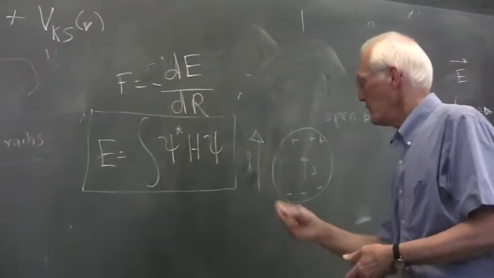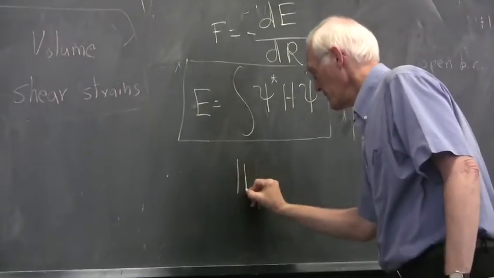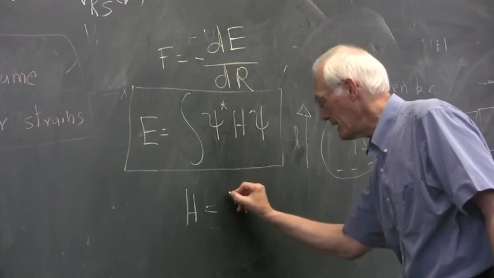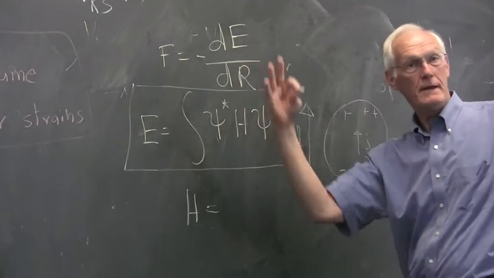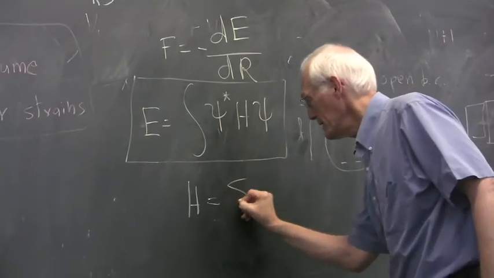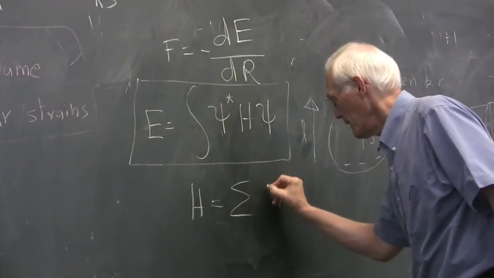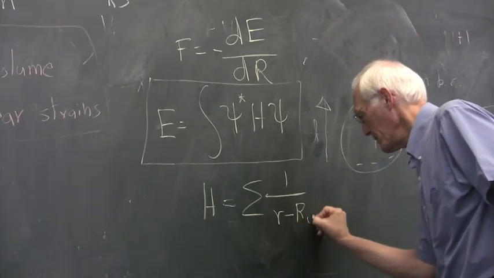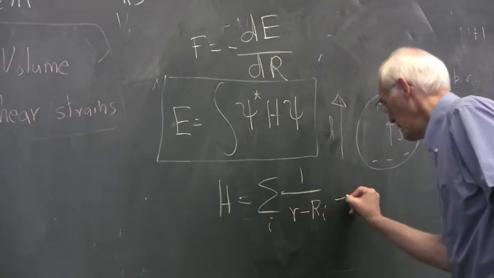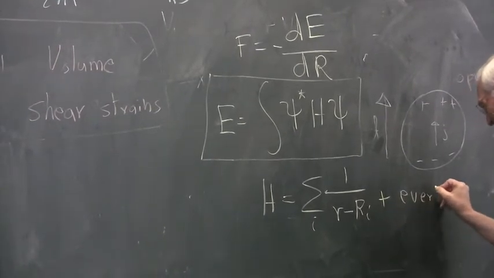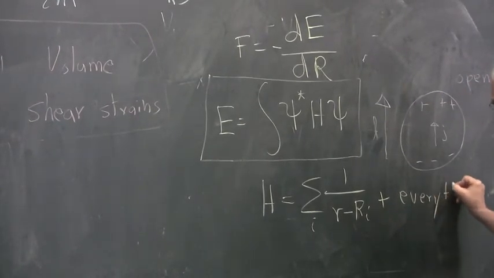And you know that the Hamiltonian is something that depends on the position of the nuclei, and in the direct Coulomb problem, it's really a sum over 1 over the position of electrons minus the position of nuclei, plus everything else.